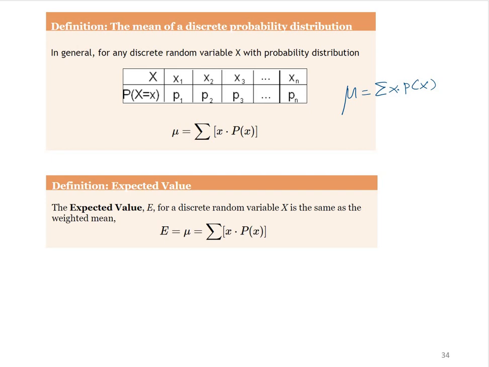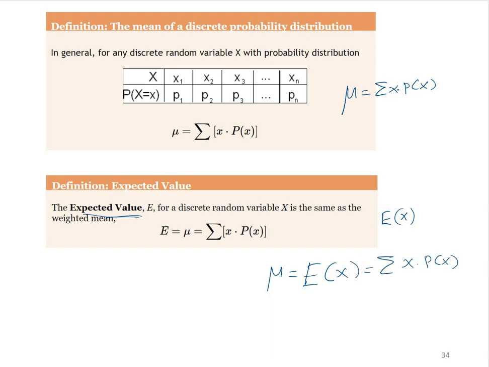Mean is also known as expectation or expected value. We will also write expectation of x, which means the expected value of x. So that is also the mean. So mean or expectation of x is given by sigma x p of x.